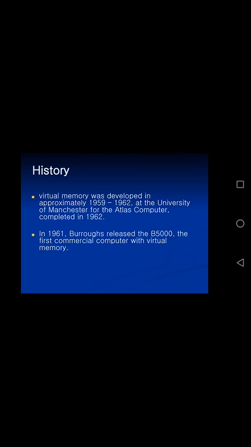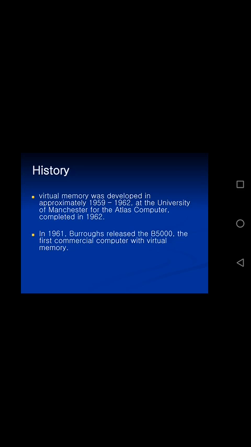Remember, virtual memory was developed approximately between 1959 and 1962 at the University of Manchester for a special computer called the Atlas computer, which was developed in 1962.